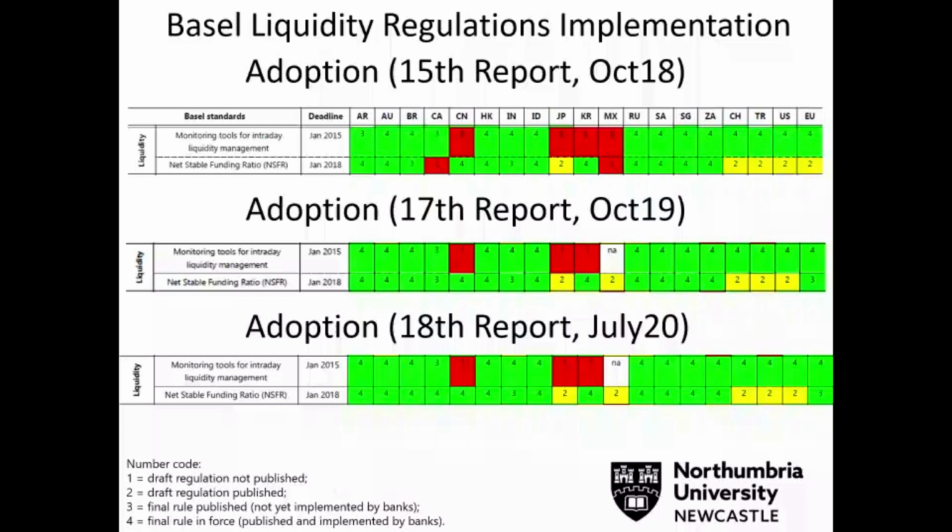And noticeably, this also includes the United States. Still, in July 2020, they're only at the draft regulation stage for the net stable funding adoption. Do have a look at the links in the notes section of this slide to get a better understanding and more depth about individual countries and how they're adopting these regulations.